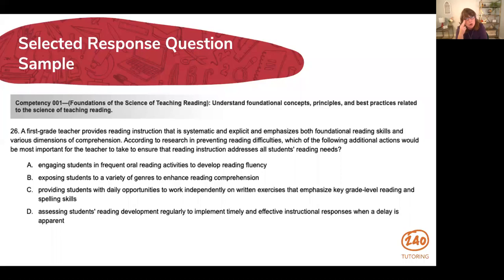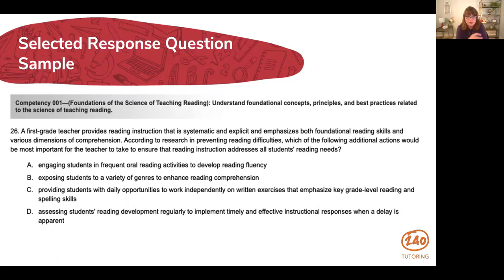The stem also refers to foundational skills, which is being able to read, and the various dimensions of comprehension, which is understanding what you've read on different levels. So the one component that descriptive statement H does not really address is assessment. So it's talking about instruction.